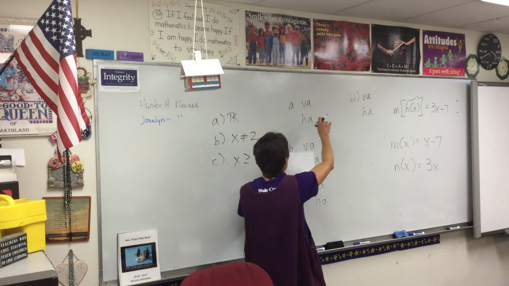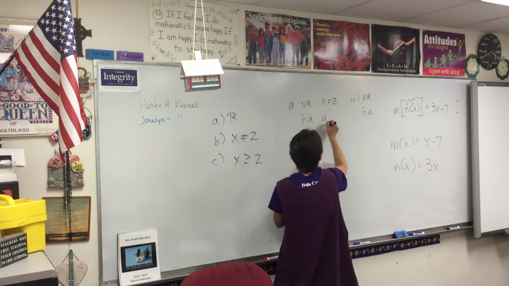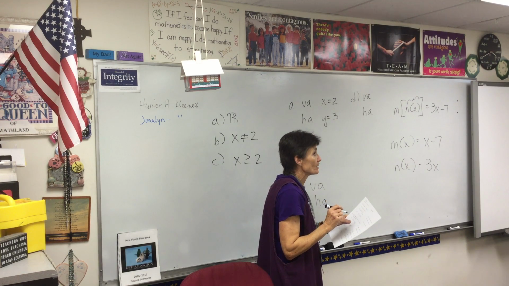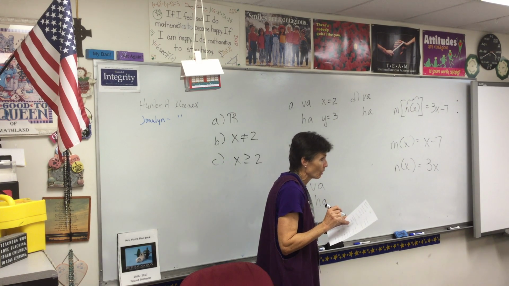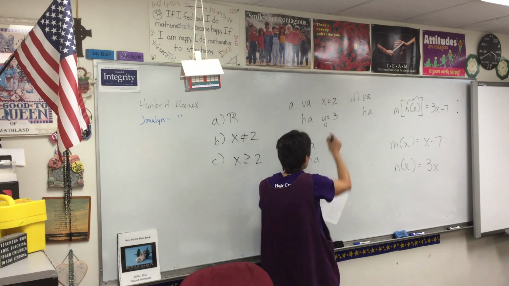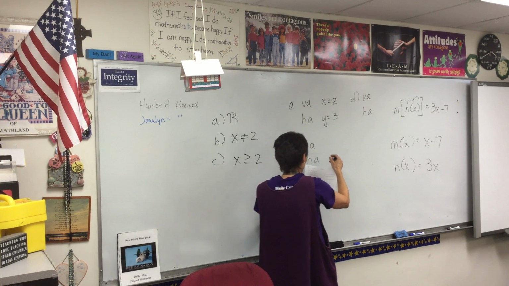All right, so for A, your vertical is X equals 2. Your horizontal is Y equals 3. If you know what you are doing, there really isn't any work on that problem, right? You should be able to look at it and see X is 2, Y is 3. Next one.